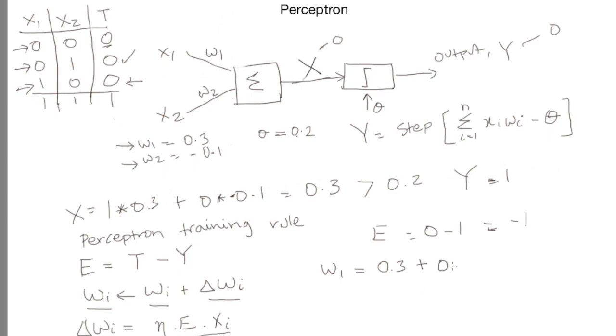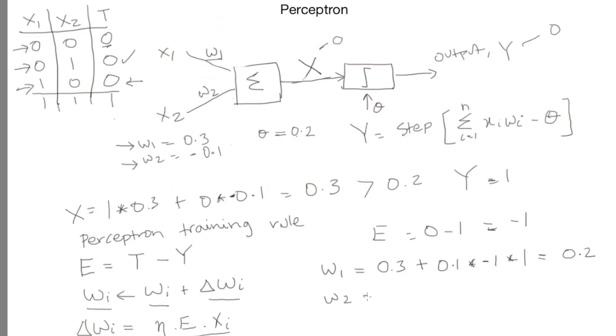So the learning rate is 0.1 multiplied by the error multiplied by the input to W1. So the input into W1 comes from X1, which is 1. Therefore, our new W1 becomes 0.2.